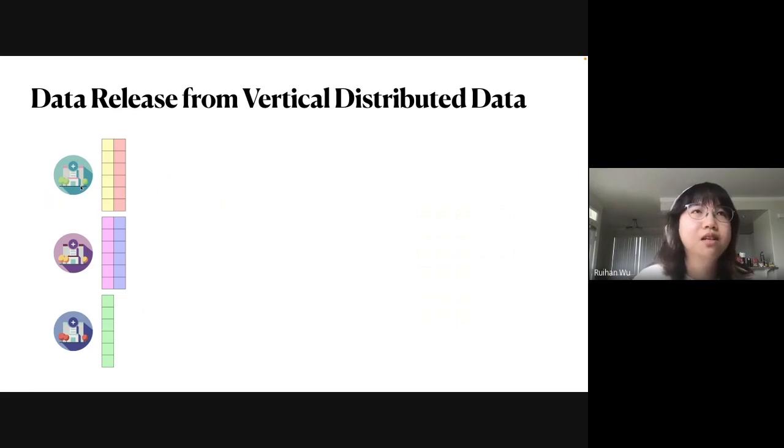The first hospital has 2 attributes, the second has 2, the third has 1. And they want to have a global data set with all these attributes. Because with the global data, researchers can explore the data and study the relationship between any 2 or 3 attributes, and that might be helpful for real-world applications.